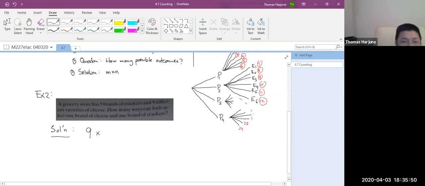And then for each brand of cheese that he chose, how many choices of crackers does he have? 5, that's right. So 9 times 5, and in total, then he has 45 ways to choose 1 brand of cheese and 1 brand of crackers.